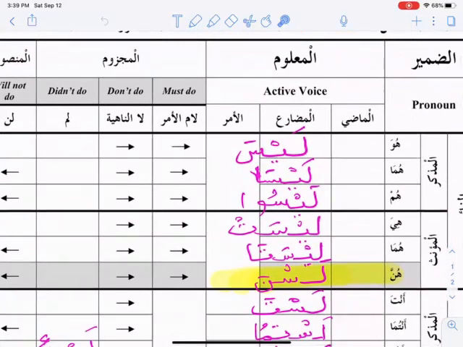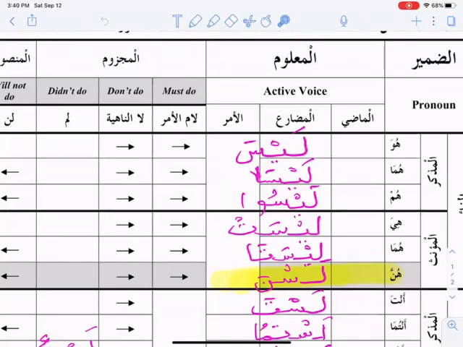Now, brother, see, it's not a normal verb, because there's a sukun right there in the middle. So this is your fa kalima, this is your ain kalima, this is your lam kalima. So then we have here huwa laysa. What will be the next, huma?